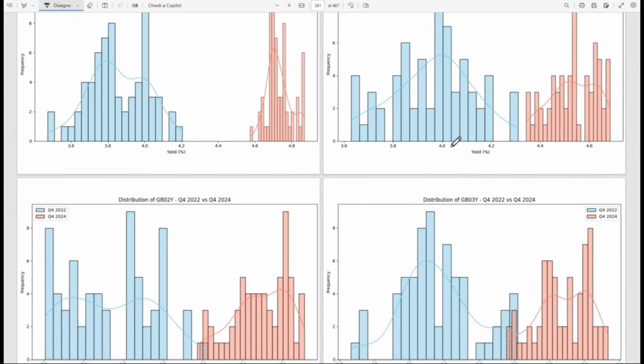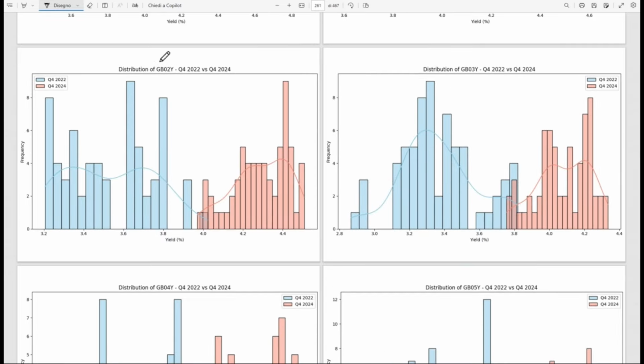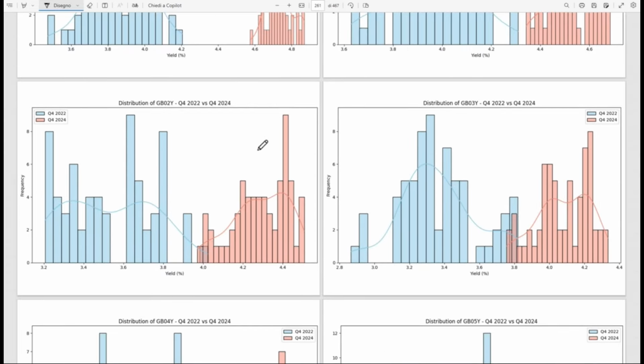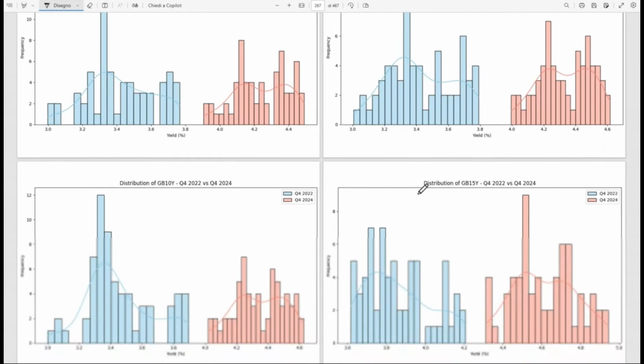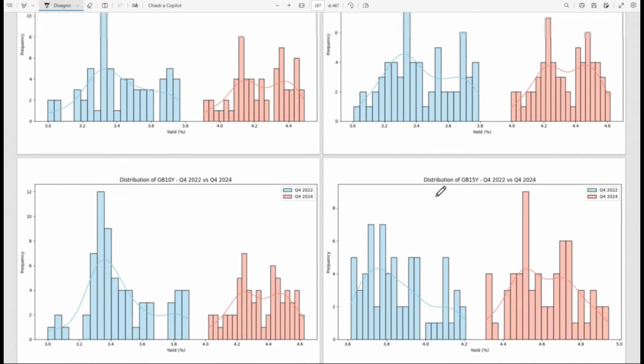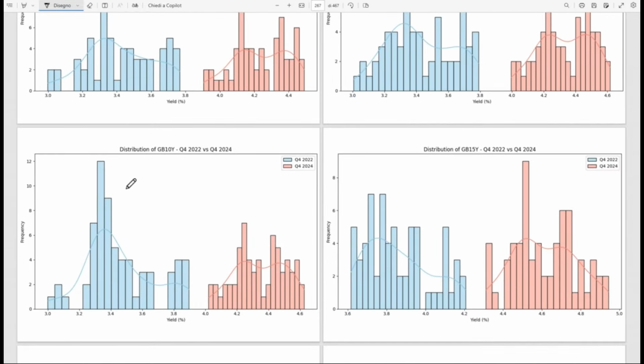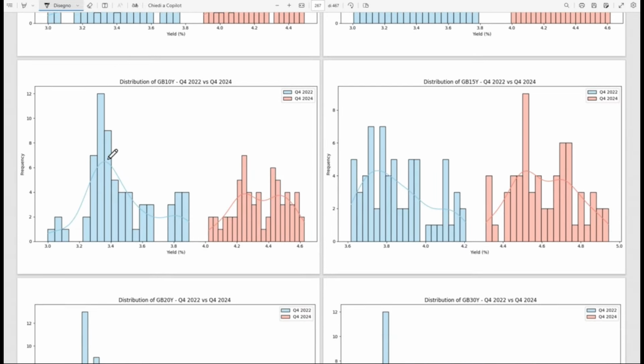And then it doesn't matter if you run into some fiscal problems, because they are pushing you around to do something. Yeah, these are the distributions of yields. The distributions are the prevalent data. The light blue is the 2022 distribution, Q4 2022, versus Q4 2024. So the distribution in 2024 is between 4% and 4.7%.